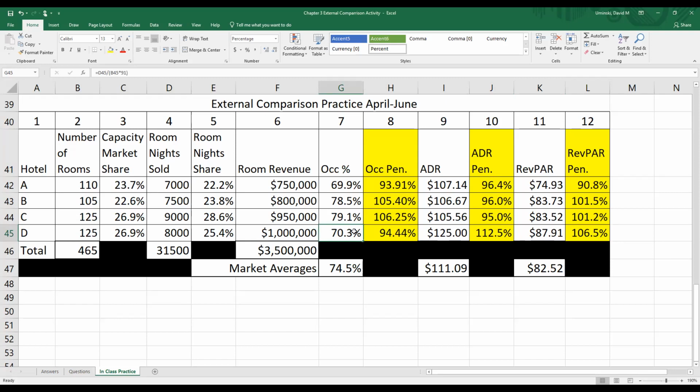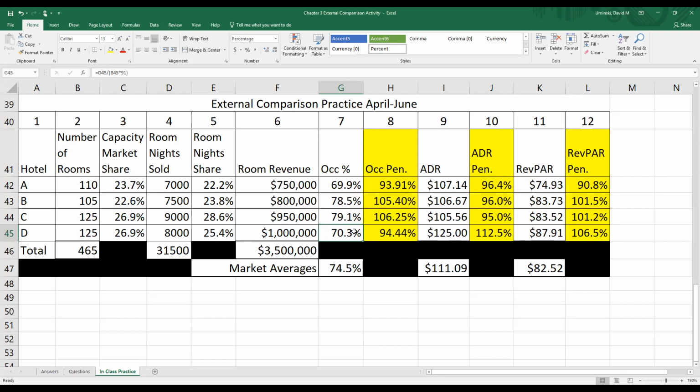Your rooms may not be filled, but like we talked about last class, every time we sell a room, that means we have to clean it. We have those variable costs. So if I can still have a high ADR and a high RevPAR and not have occupancy, that means I don't have to clean those rooms, which means I don't incur those variable costs, right?